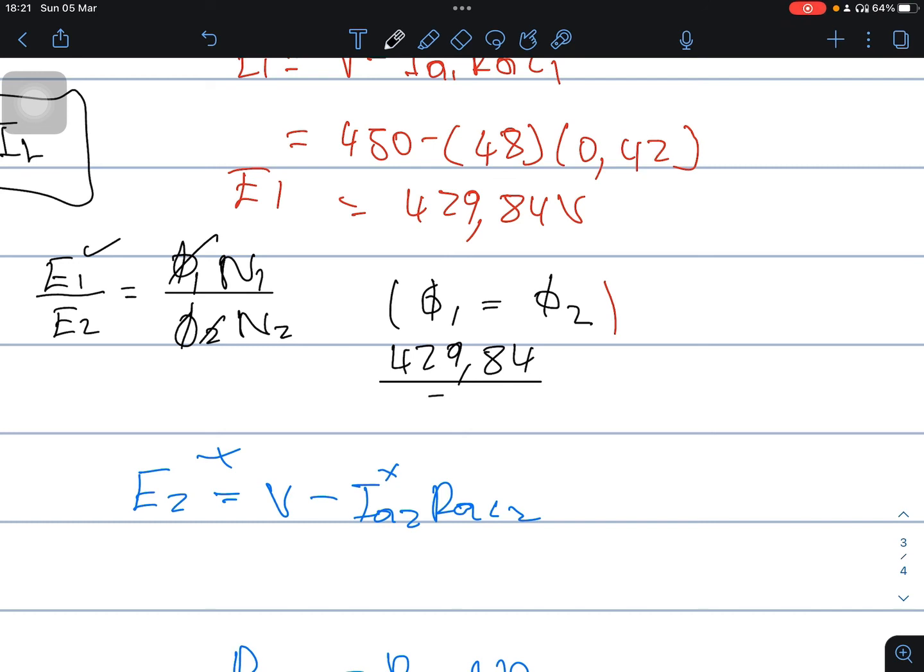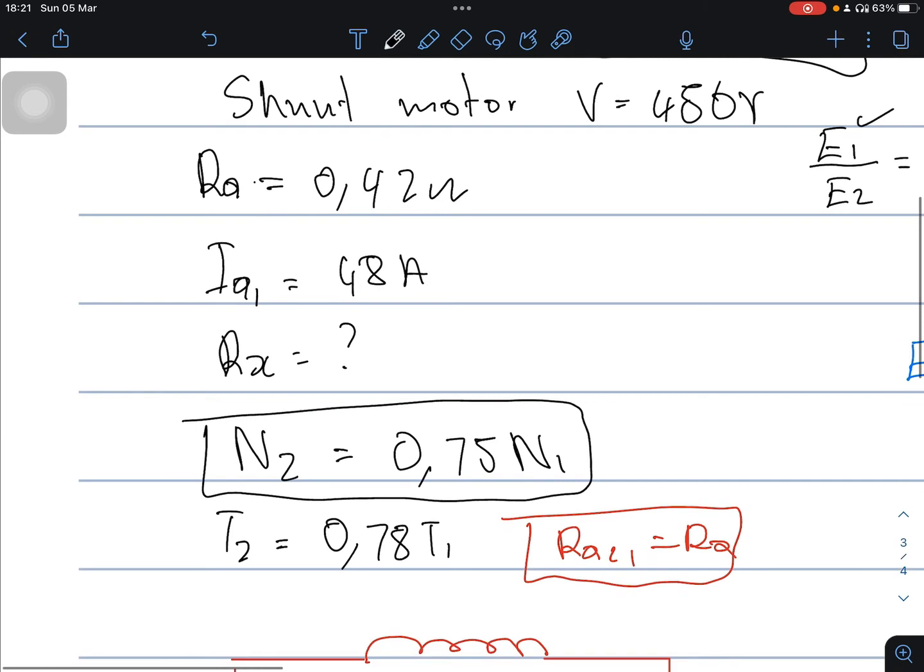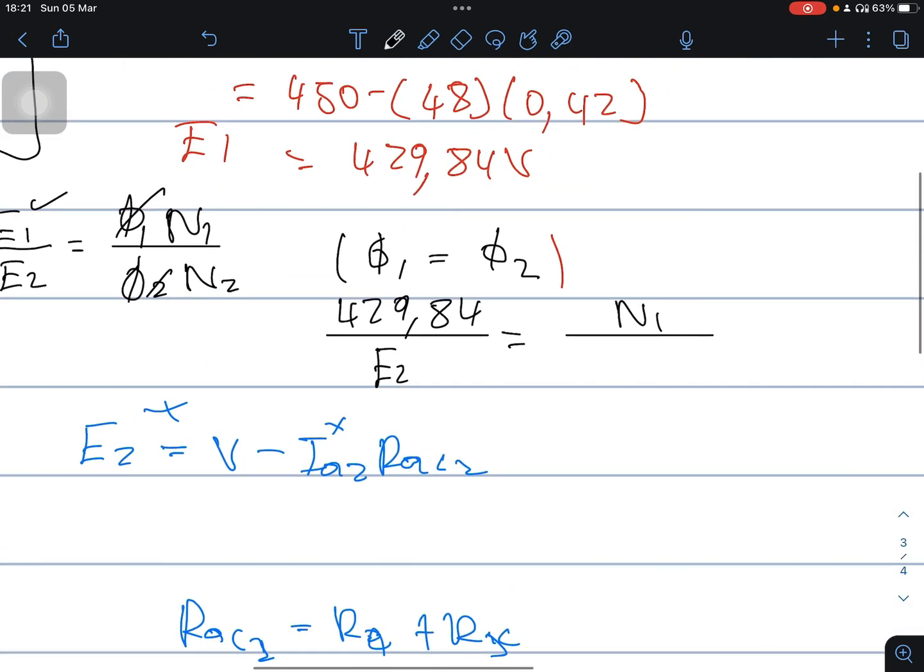remember if flux cancelled, then speed N1 over N2, we represented N2 in terms of N1, which is 0.75 N1. Then N1 cancels. So we can find E2.